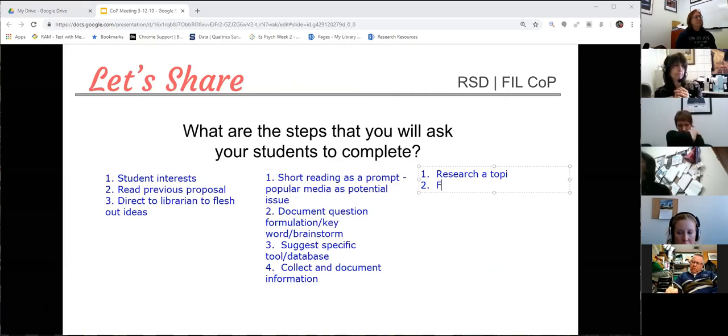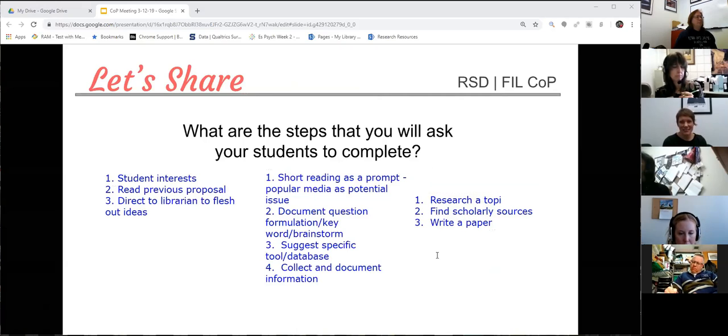And some overlap with Kristen's ideas, encouraging students to learn about their topic using popular resources, things they're already familiar with, Google, Wikipedia, YouTube, blogs, so that they have an understanding of their topic before they go into the database, and use that background knowledge as keywords in the database to find scholarly sources.